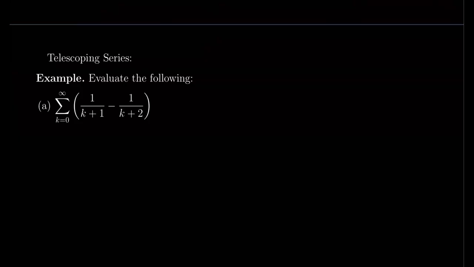So just like we did before, let's start off by just plugging in some numbers and see what happens. That's always going to be step one, right? In this case, it tells me to plug in k equals 0 to start. So I'll start off with k equals 0, and I got 1/1 minus 1/2. Cool. Plus, then I'll plug in k equals 1, and I got 1/2 minus 1/3. So this was me plugging in k equals 0, and then this was me plugging in k equals 1.